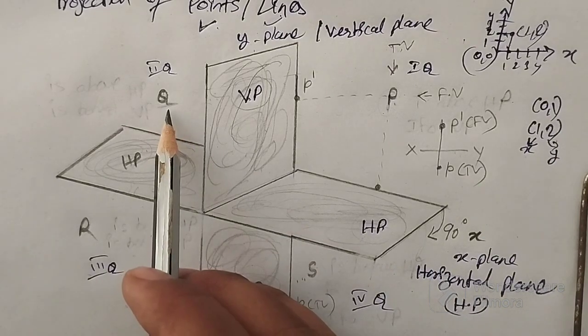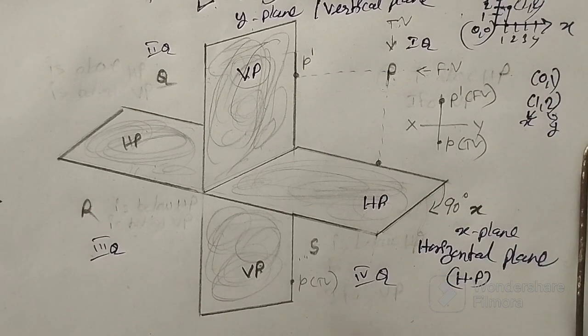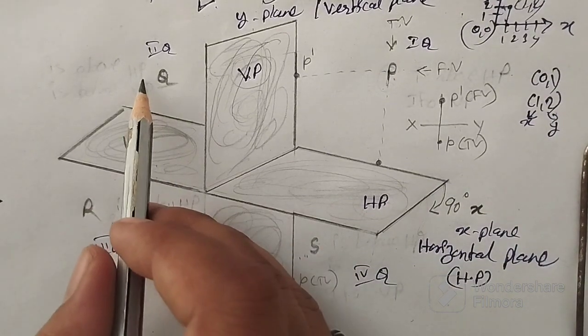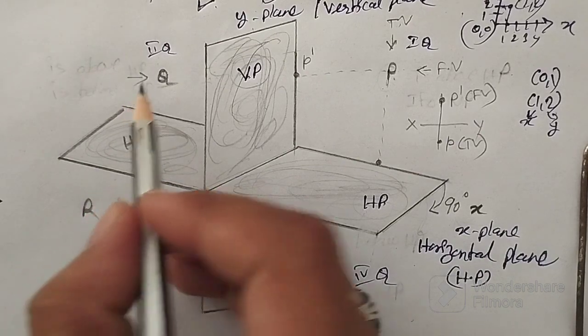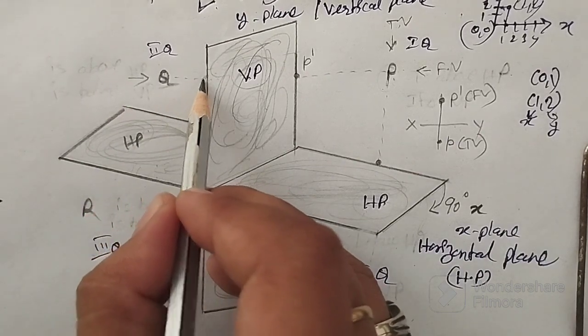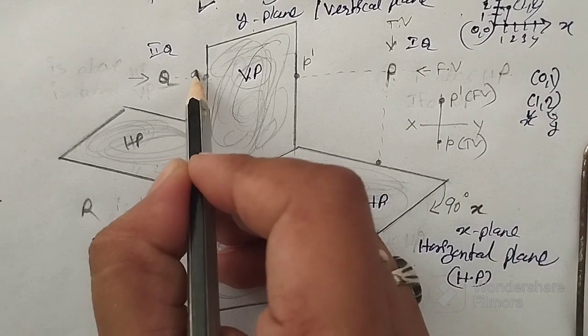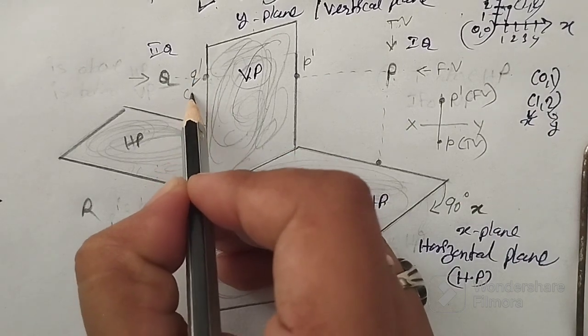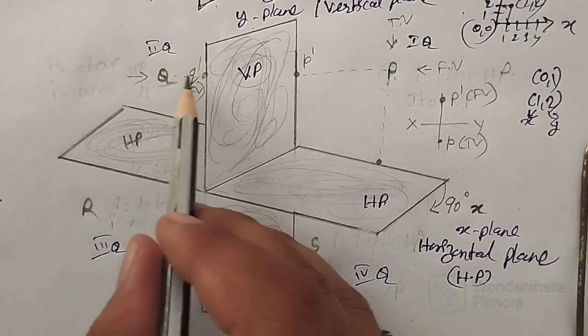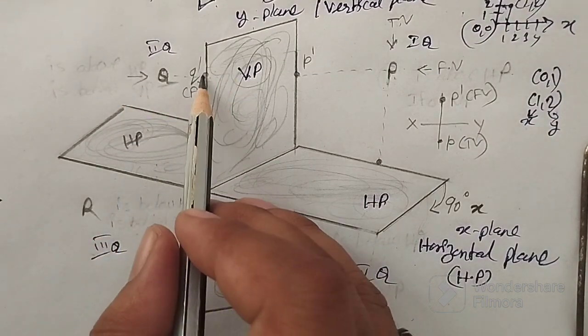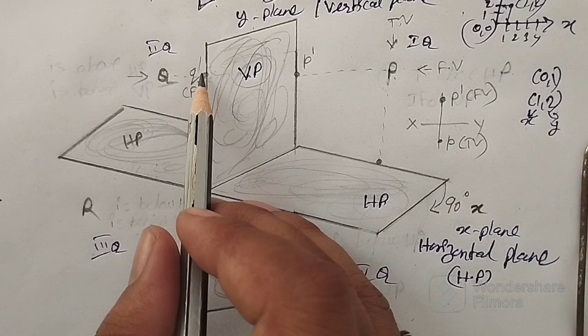Let us see in the second quadrant. So there is a point Q, right? If I look at this point from front view, its image has to fall here. So Q dash is the front view. From front view, image is falling on VP, that is Q dash, right?